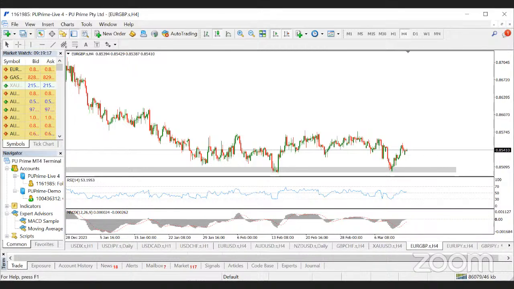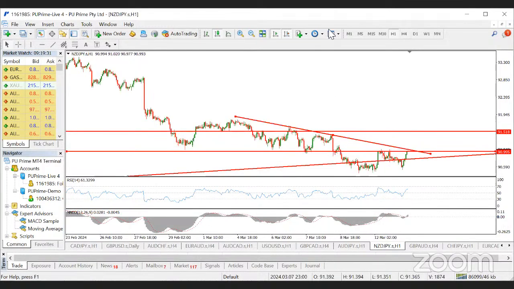And the first one is the New Zealand JPY. Now, today seems to be the day for the JPY pairs because most of them seem to have a tradable setup on them. So let's look at the New Zealand JPY.